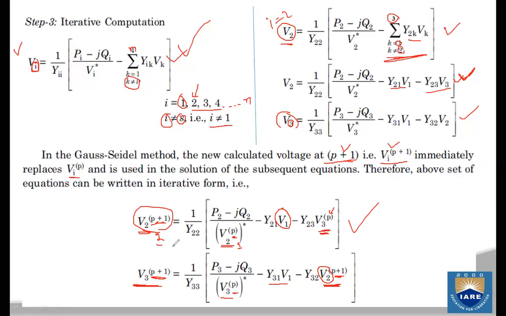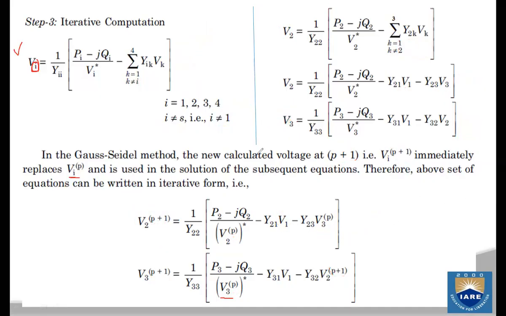Because you have already updated V2 in the (p+1)th iteration, that value only you have to take here. So this is the equation of the Gauss-Seidel method.